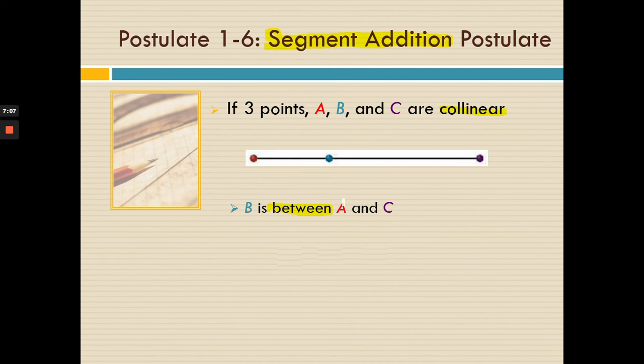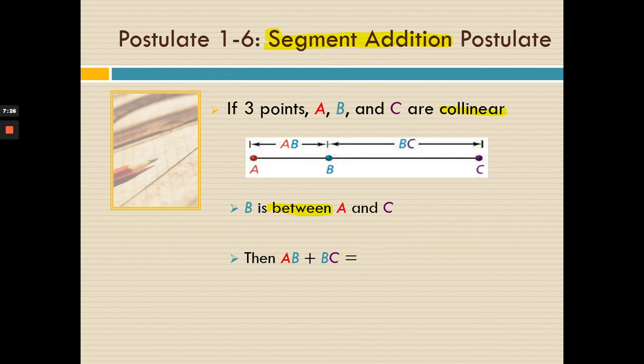All right, so on your picture, put those placements. A, B, and C are collinear with B in the middle. What we can do is take AB, this first segment right here, plus BC, this other segment right here. When we add those two together, that is the same length as AC, the whole entire thing.